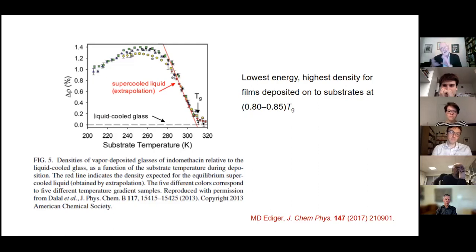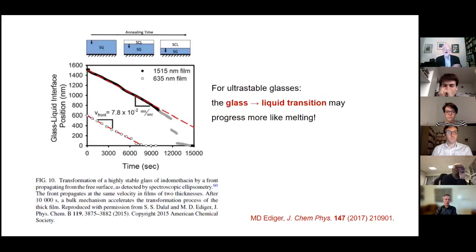They've been made by thin film deposition. So this is not remotely a route to a bulk ultrastable glass. It is, however, a route to very interesting phenomena. And of course, with these organic systems, you have the option of using all sorts of optical probes, and you can detect interface movement.